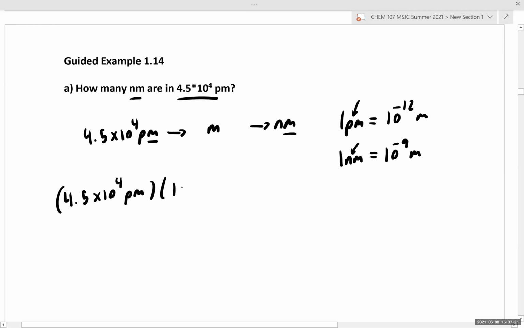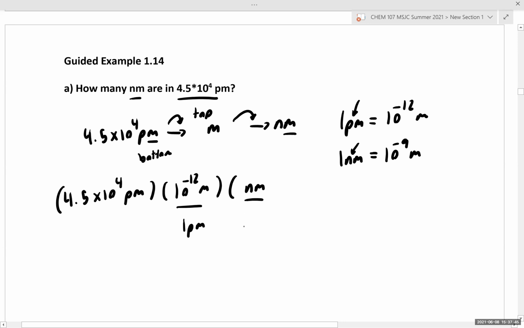And to go from picometer to meter, we'd want units of meters on top. So we're going to put our 10 to the negative 12th meters on top and 1 picometer on the bottom. To go from meter to nanometer, we're going to put nanometers on top and meters on the bottom. So we have 1 nanometer per 10 to the negative 9th meter.